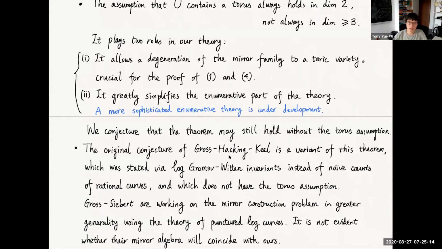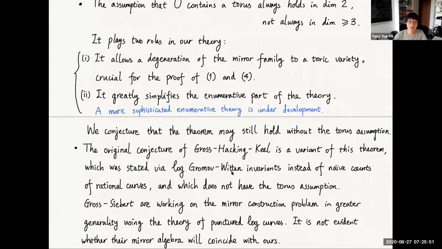So they stated the conjecture using log Gromov-Witten invariants, which is a bit technically complicated. But now, if we have this deformation theoretic lemma, it's not really necessary to use log Gromov-Witten invariants for the statement. But actually, it's not clear, because log Gromov-Witten invariants are a bit complicated.